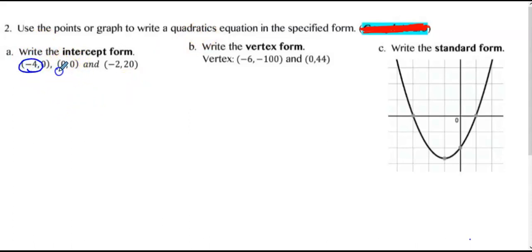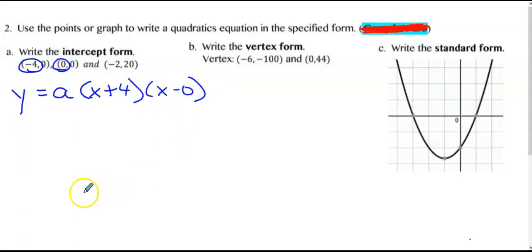The negative 4 is one of them, and 0 is one of them. So I know that my equation is going to look something like this. And then I also have this other point here, the third point, that I can use to find a.